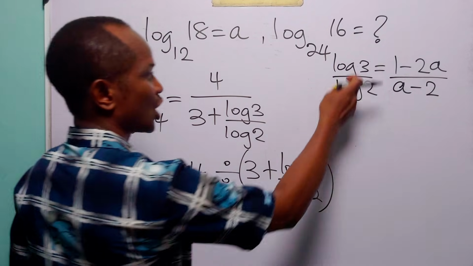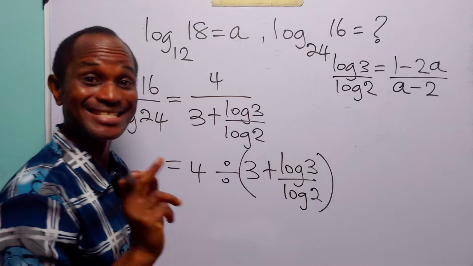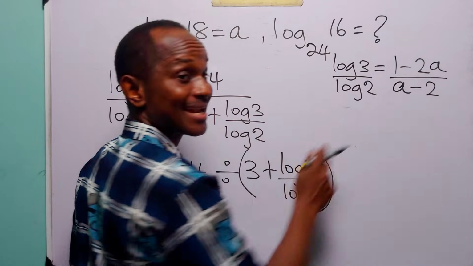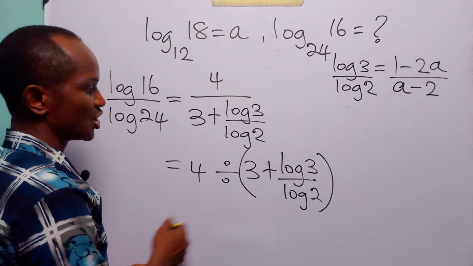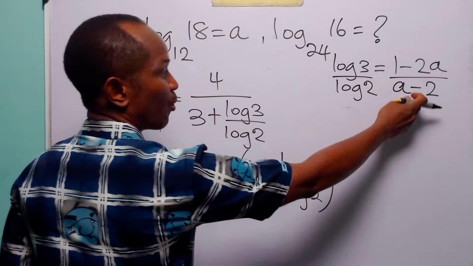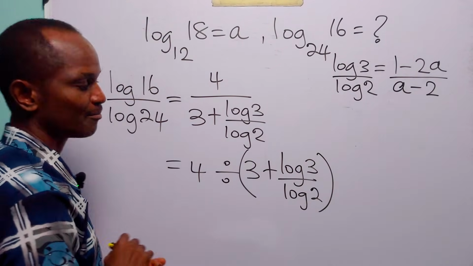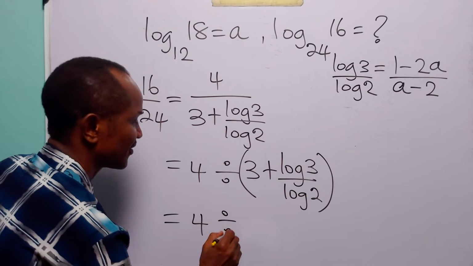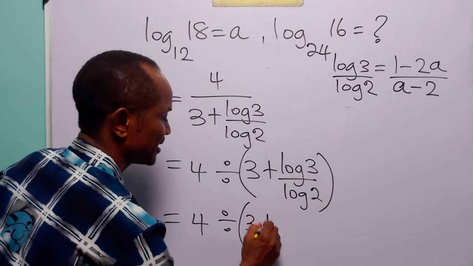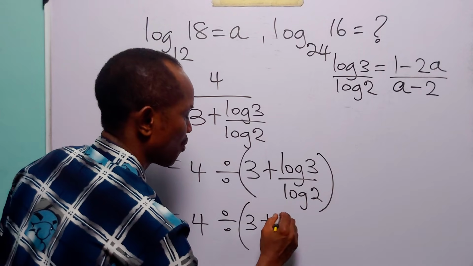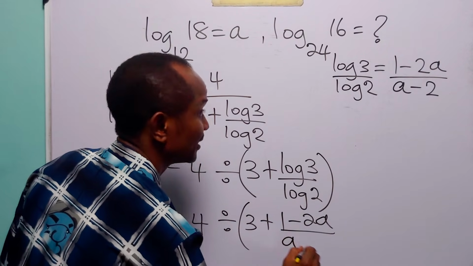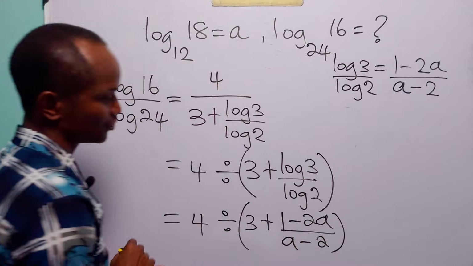But remember that log 3 over log 2, that is x, is equal to 1 minus 2a over a minus 2. So now we replace this with 1 minus 2a over a minus 2. So this is equal to 4 divided by 3 plus 1 minus 2a over a minus 2.